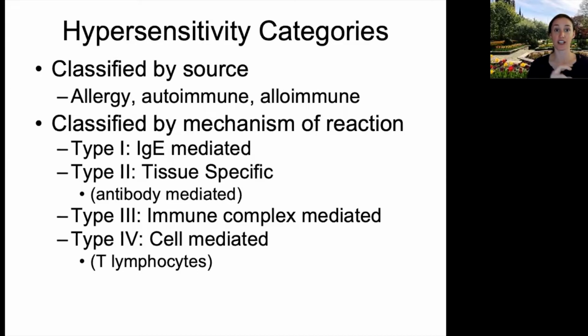It's involving the IgE immunoglobulin. Type 2 is tissue specific, and it is antibody mediated. Type 3 is immune complex, so that's an antigen and antibody coming together, immune complex mediated. And type 4 is cell mediated, meaning it's involving the T lymphocytes.